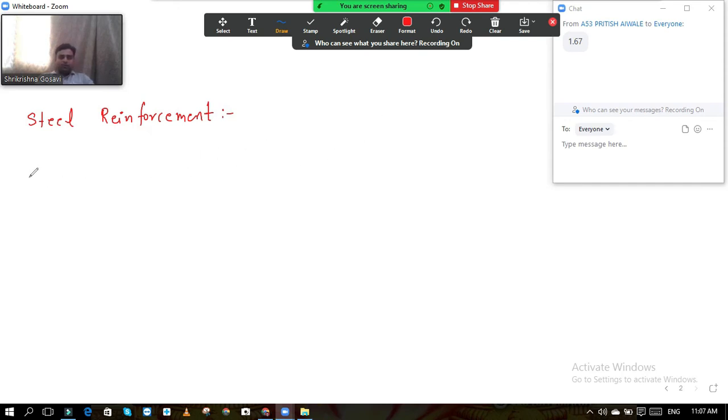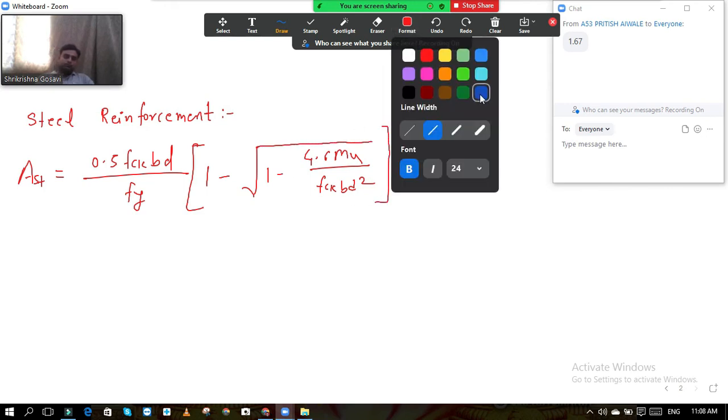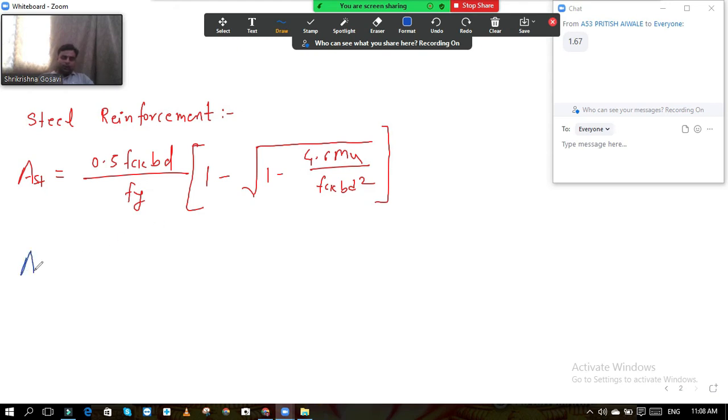For the steel reinforcement, again I will write the formula. Ast is equal to 0.5 fck bd whole divided by fy, in bracket 1 minus square root of 1 minus 4.6 Mu upon fck bd square. So this is the formula, and here you need to put the values.